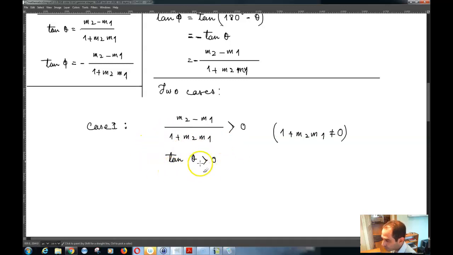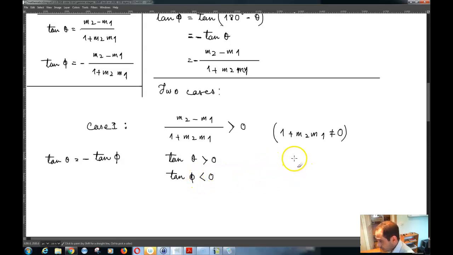Of course, when we said that tan of theta is the same thing as negative tan of phi, tan of theta is basically this value. Tan of phi is the same value times a negative sign. So you can write tan of theta is equal to negative tan phi. So what that means is that if tan of theta is positive, then tan of phi is a negative value.